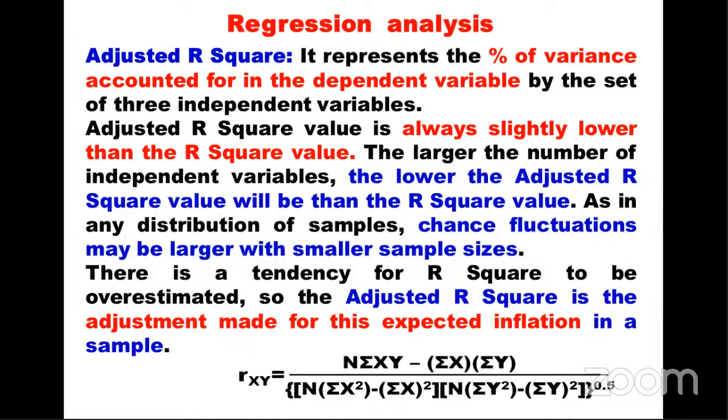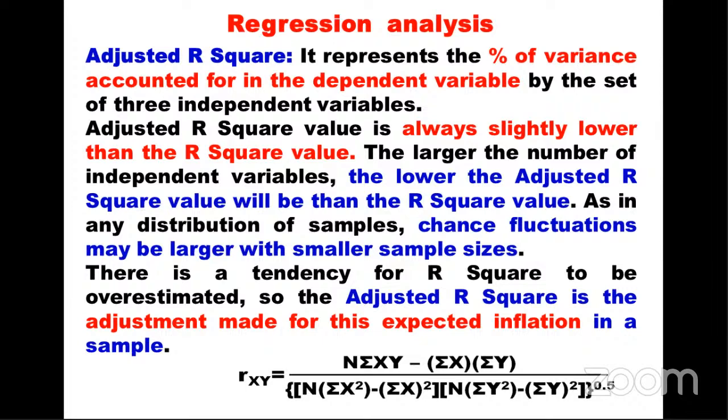Suppose y is dependent on x. So the percent of variation of y on x is represented by R square and adjusted R square.